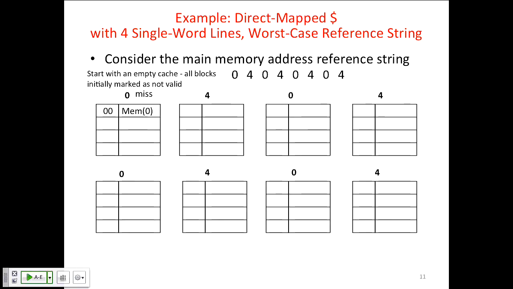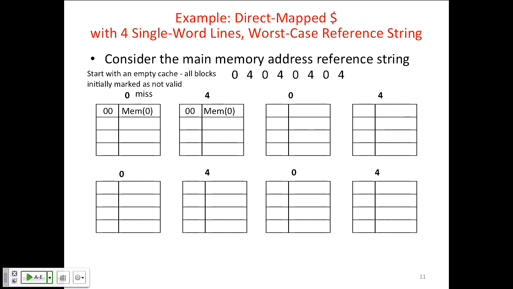Now, word address 4, 0, 1, 2, 3, 4, wraps back around to the same set. Remember the way the direct map cache works, the set index is in effect a modulo counter. As you step through memory, you just stripe over the different sets. So word address 4 is also in set 0.